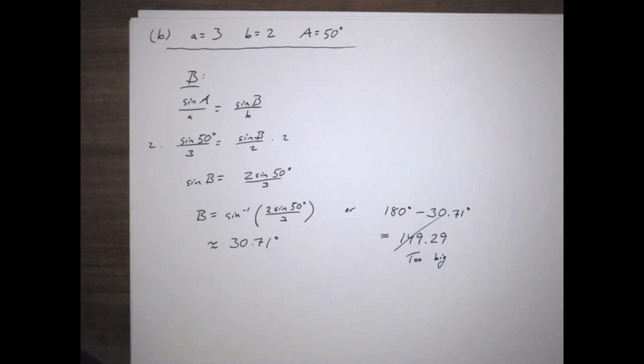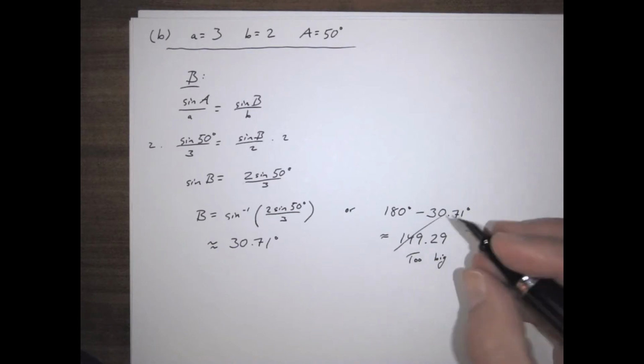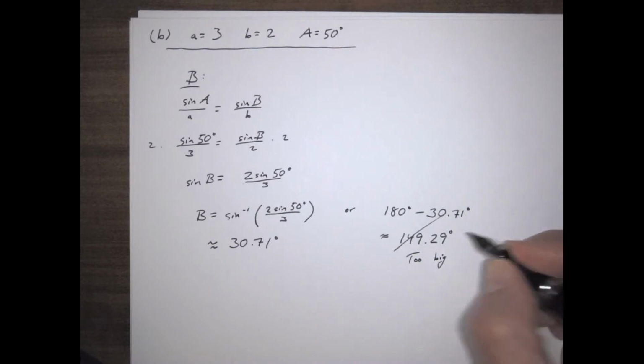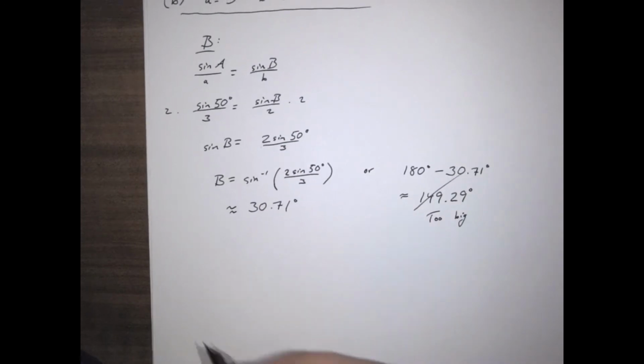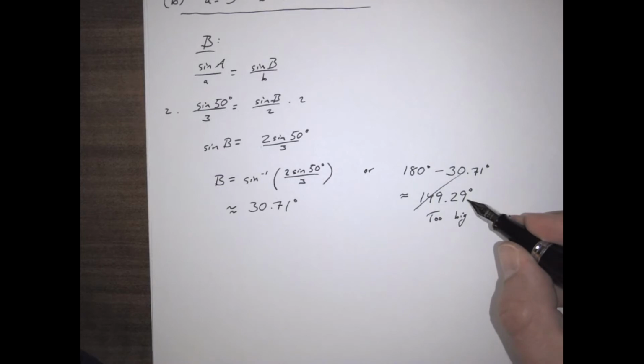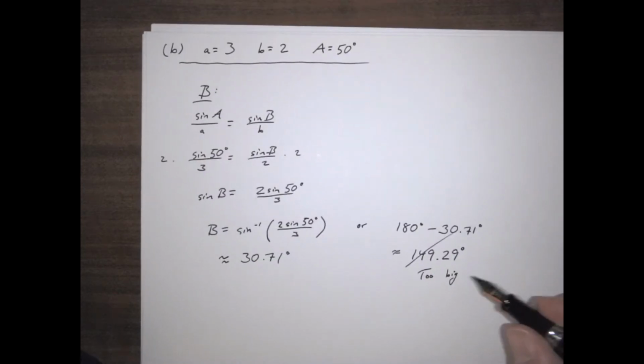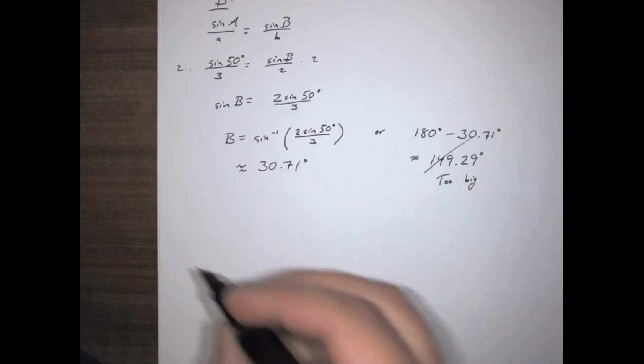There was only one possibility, because there's no way for our triangle to add up to more than 180 degrees, and so we don't have enough budget for a 149.29 degree angle. That's too big, so not a possibility. Okay. Also note that this would make the angle for B bigger than the angle for A, even though b is a smaller side. So again, not possible.